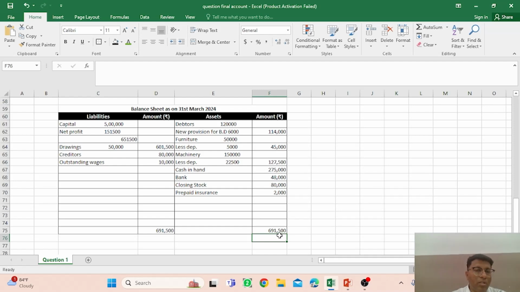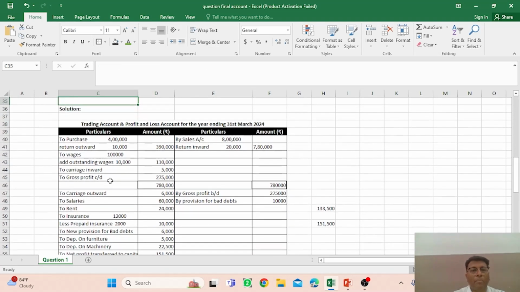So after reading carefully the items in the trial balance and the adjustment provided in your question, you mark the items with the adjustment, and after that you fill all the final accounts with the items given in the trial balance, and after that you make the adjustment, right? And the calculation work will be done after that. So one by one, step by step, you have to complete this numerical problem.